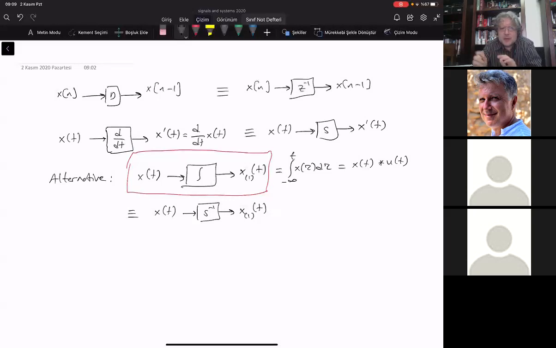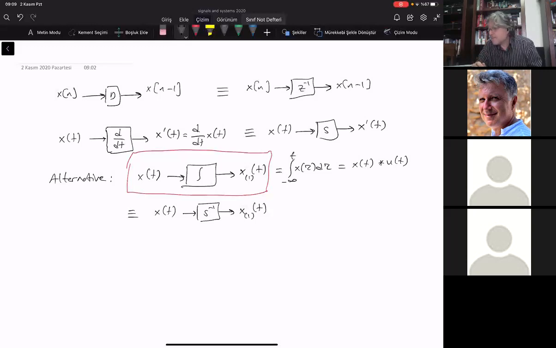You can either type s to the minus 1 or type an integral. We haven't seen the Laplace transform yet, but you know differential equations, that's why I'm telling you that you could use that. But for us, the notation is just a tall integration symbol. It's like the clef symbol, as we know, the tall clef symbol.